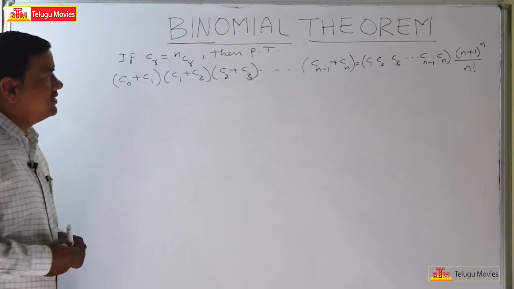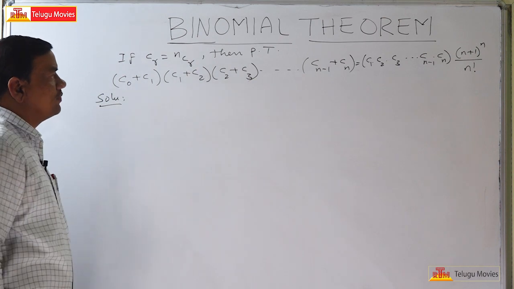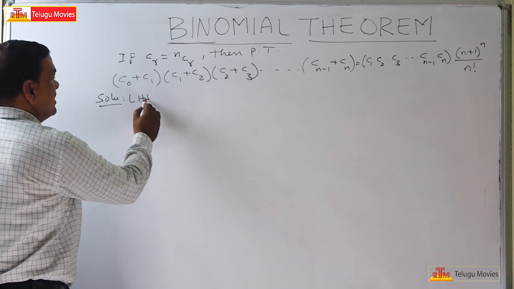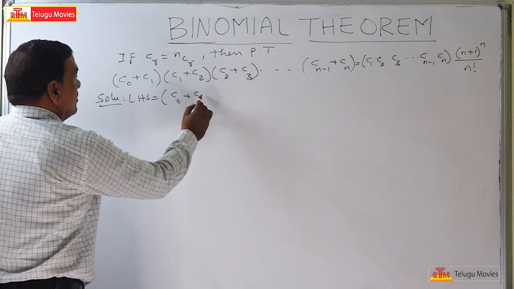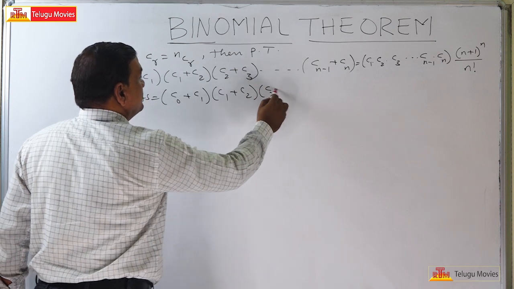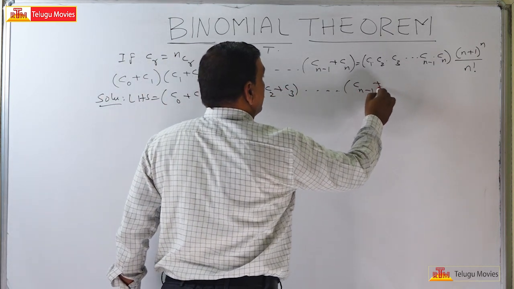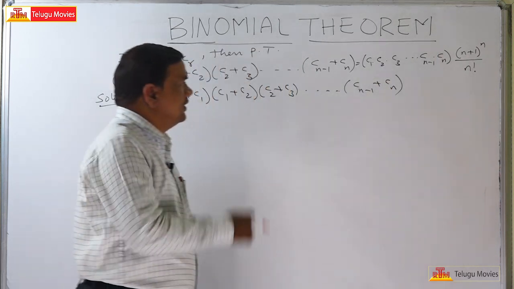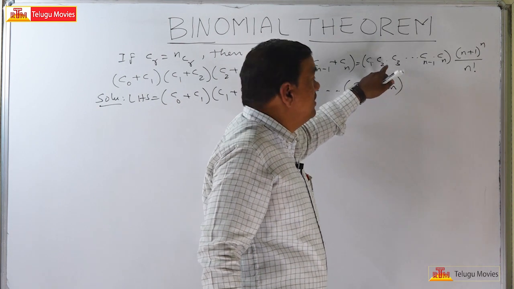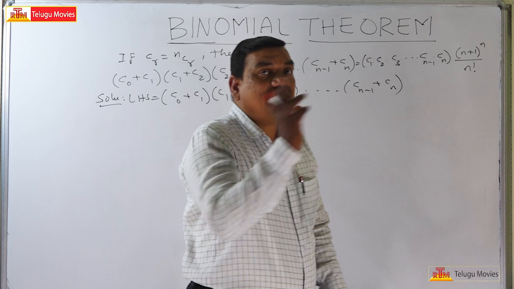Let us do this problem. Since it is a prove-that type of problem, let us do left hand side equals right hand side. The left hand side is (C0 + C1)(C1 + C2)(C2 + C3) and so on up to (C(n-1) + Cn). Now see the right hand side part: C1 into C2 into C3. C1 is there, C0 is there.